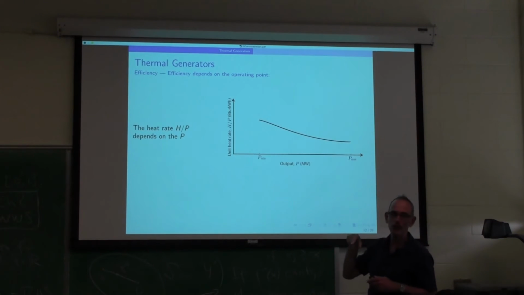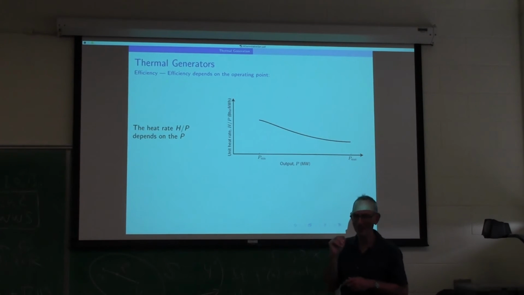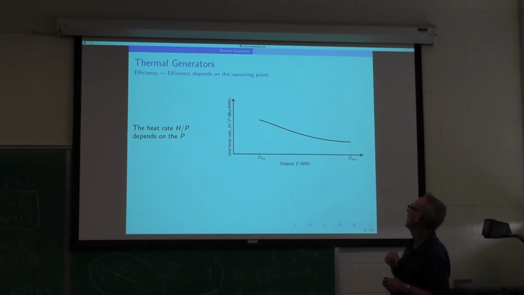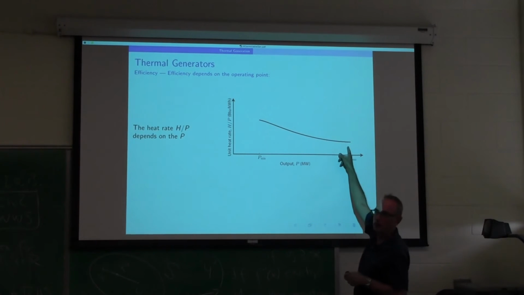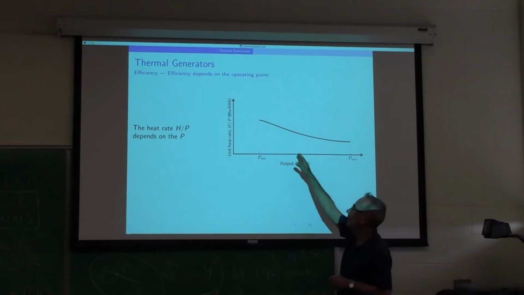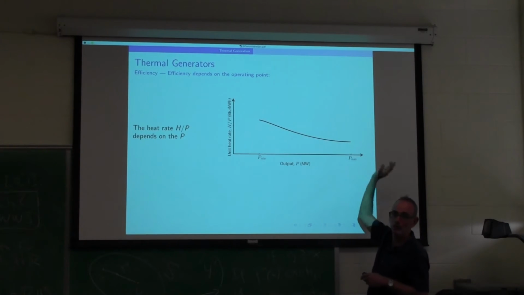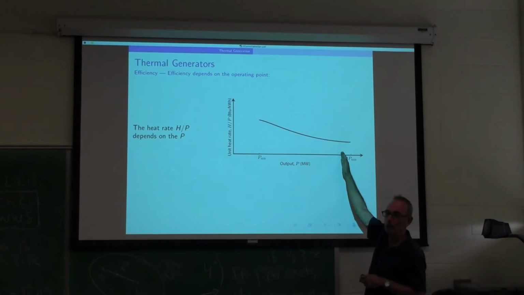So remember, the heat rate was a measure of efficiency, and big is bad. And ideally, you'd love it to be a multiple of pi. That's what we saw. But typically, we do have something like this, where to get the optimal efficiency, like that 60%, we have to run this thing near its peak power.